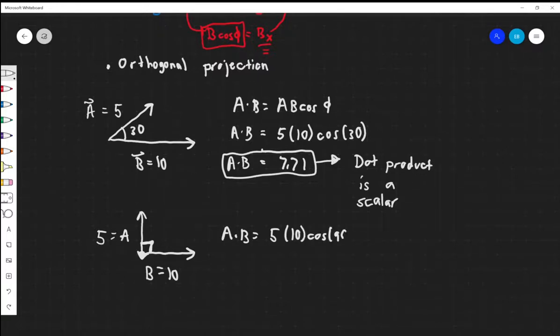Plug this into your calculator, and you would get a big fat 0. Okay. So what this tells us is something kind of cool and kind of useful. The dot product is 0 if your vectors are perpendicular.